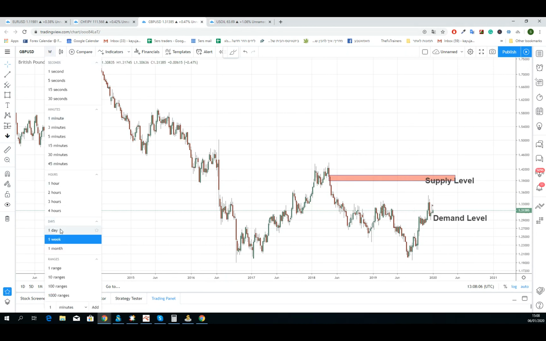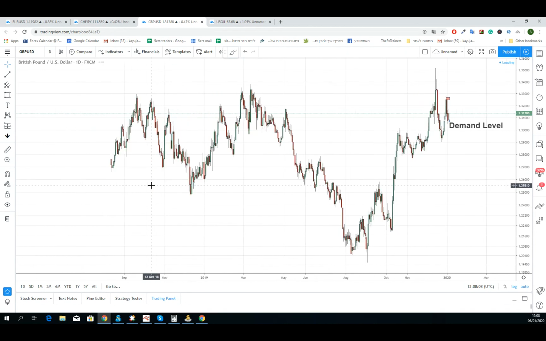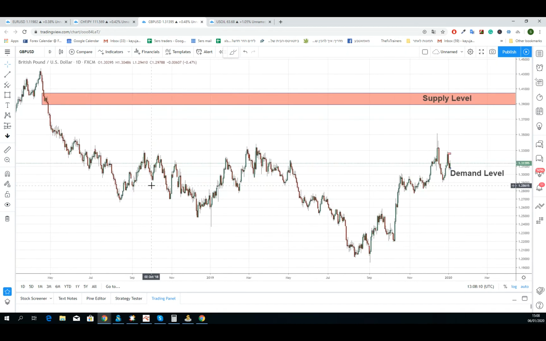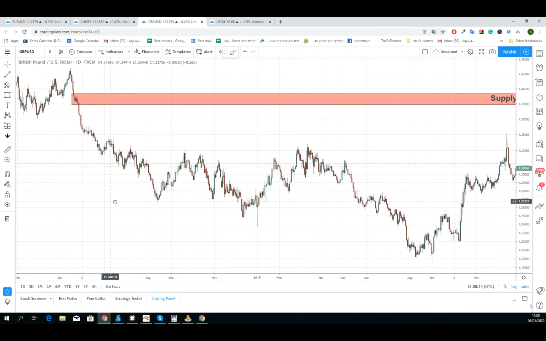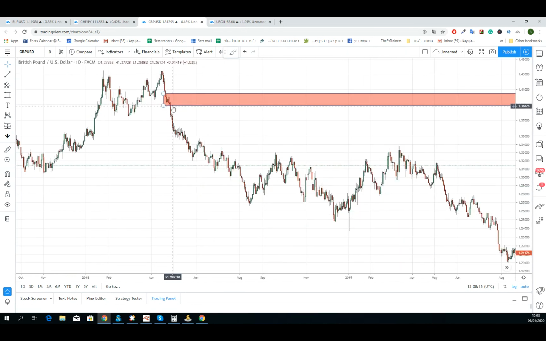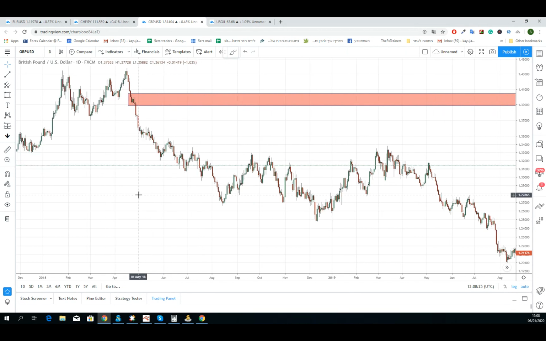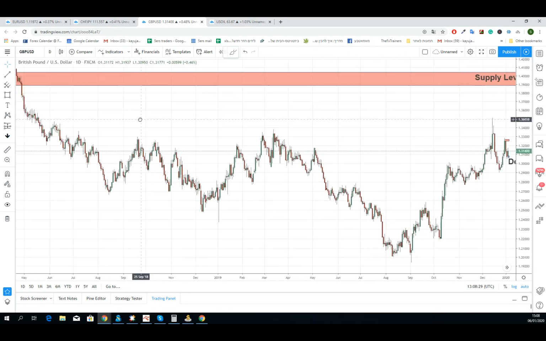I'll take it back to the daily, and then you'll see this supply much more clearly. You see these few little candles here before the price broke out of this support. That created this supply, which seems like a significant one. So for the long term, I believe the price tends to reach this supply.